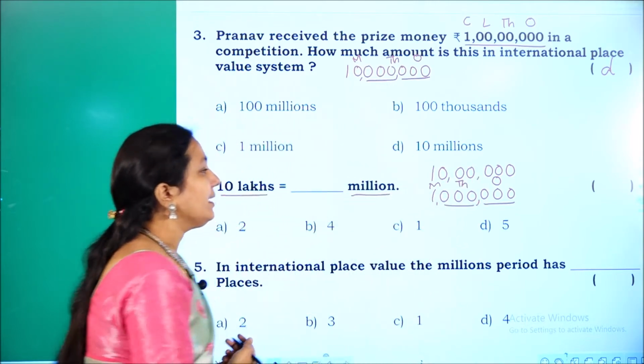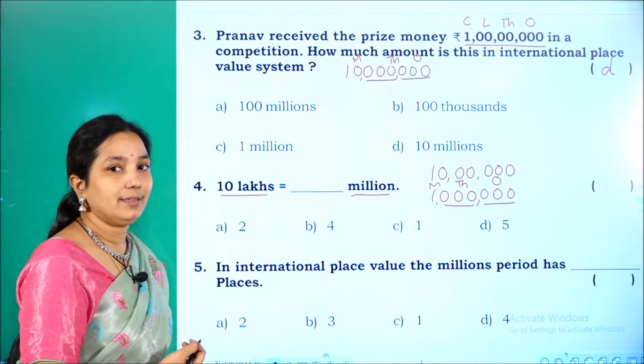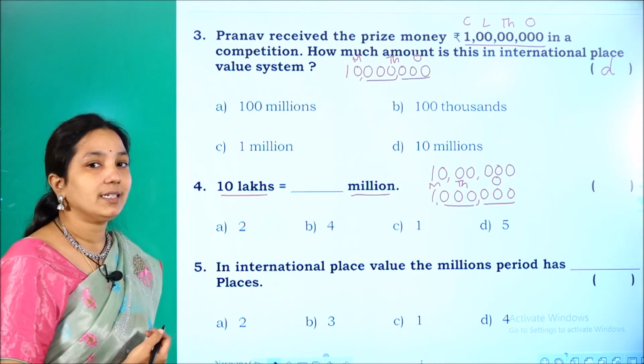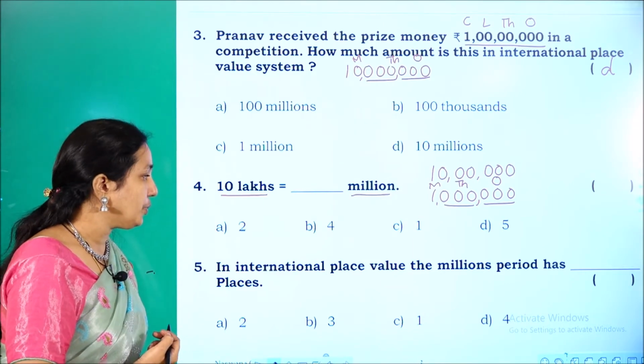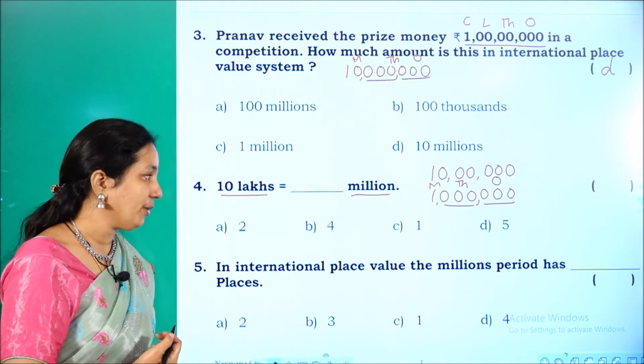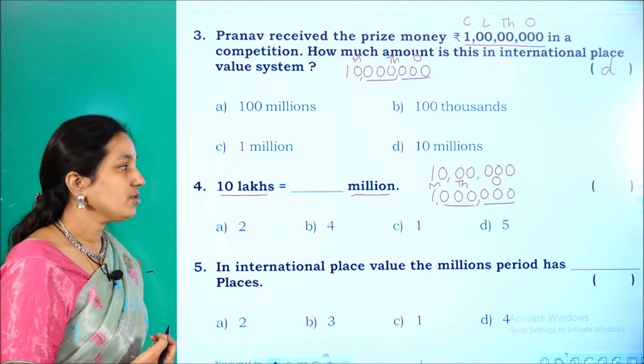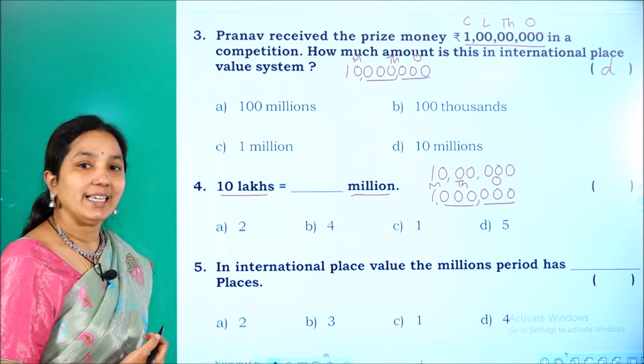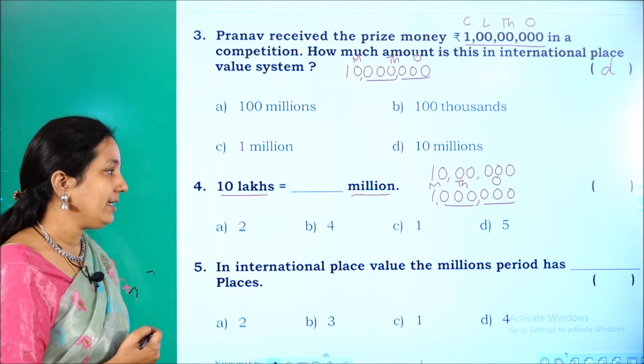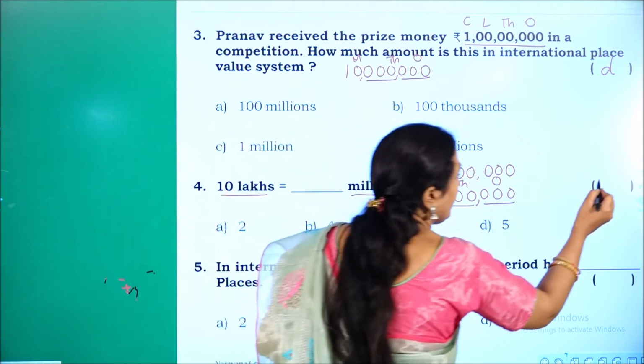So here 10 lakh equal to 1 million. Given options: option A is 2, option B is 4, option C is 1, option D is 5. So our required option is C.